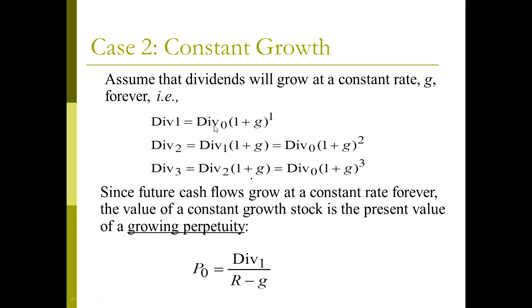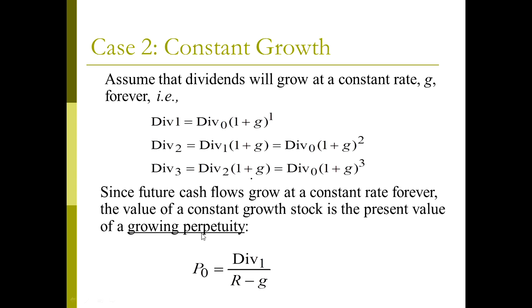If we rewrite all the future dividends in terms of D0, D1 equals D0 times 1 plus g, D2 equals D0 times 1 plus g squared, and so on and so forth. Then the future cash flows grow at a constant rate forever. It means this is the application of the growing perpetuity.